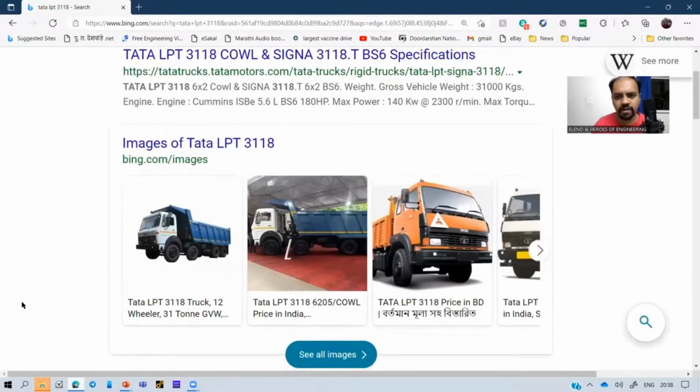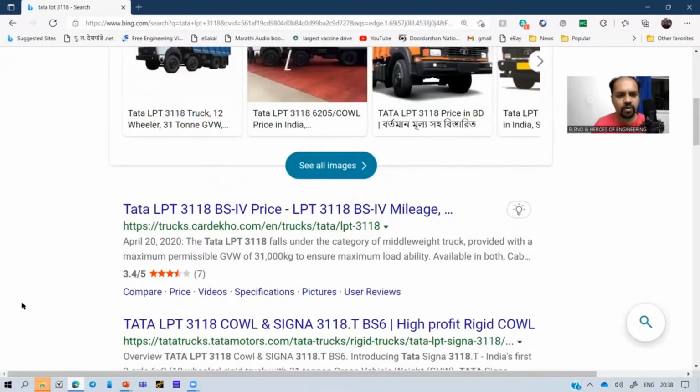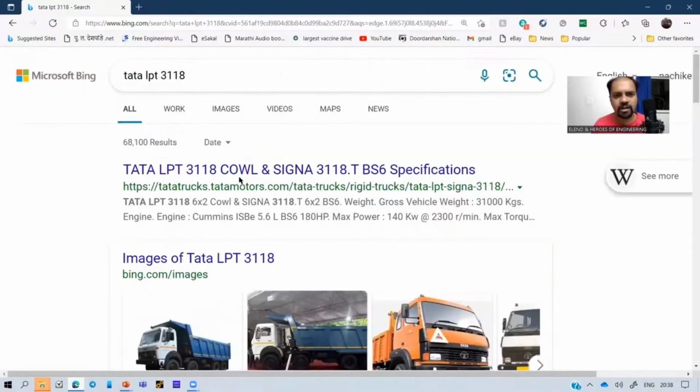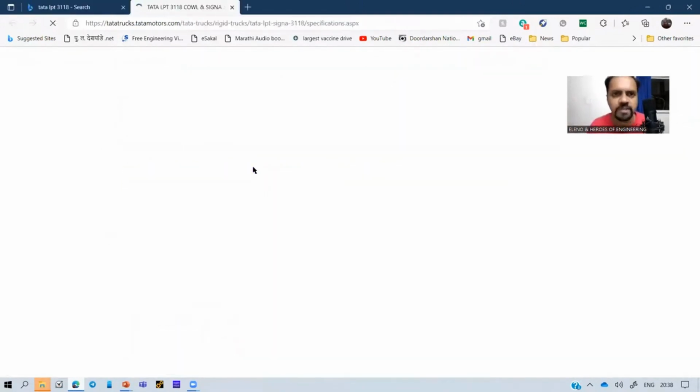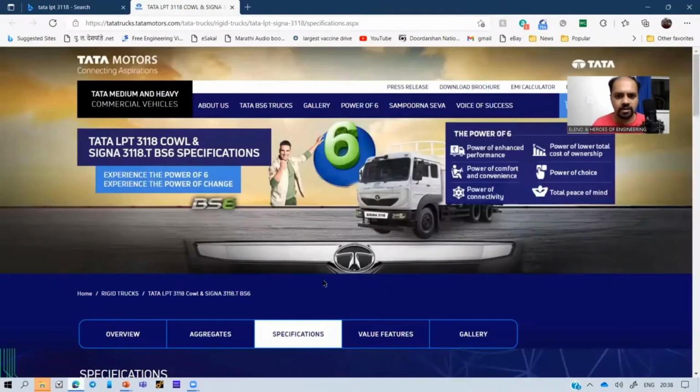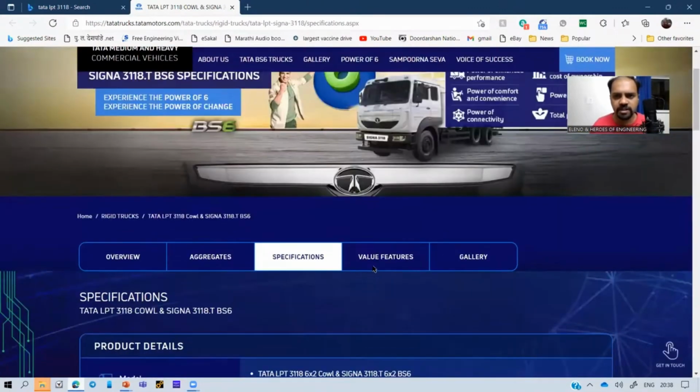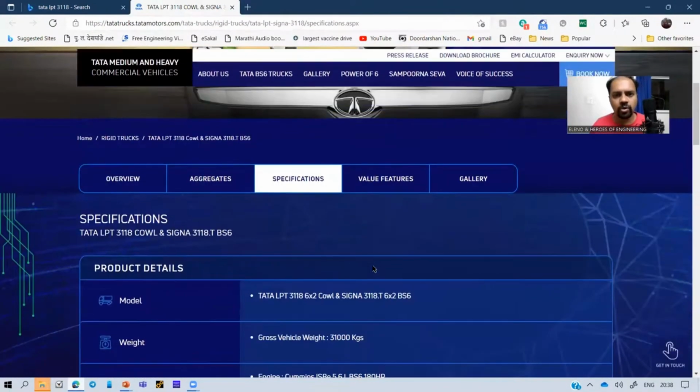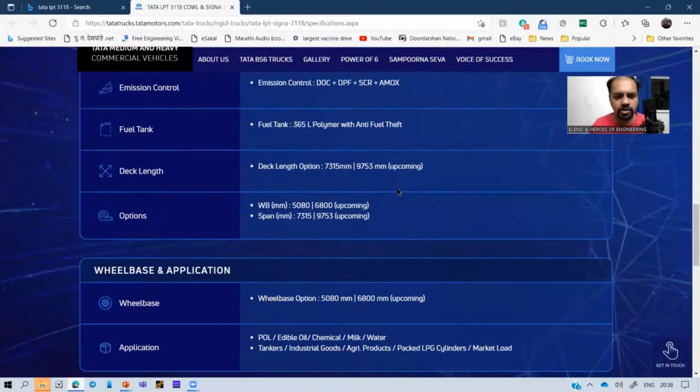So there are two different things. I'm going for Tata trucks. I'm going on Tata website directly, and I'll just go for a PDF here. I'll just show you the specifications are there. And I can download it. I think the download option has to be there.